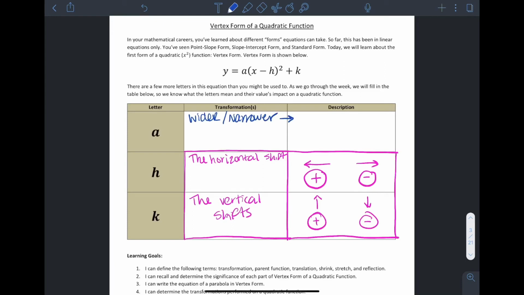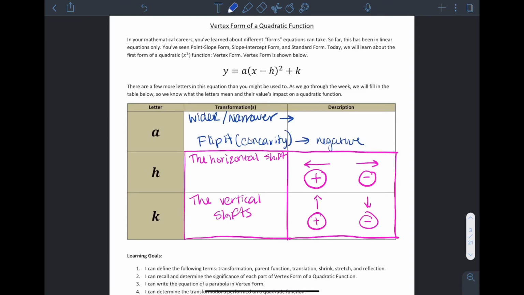Or it can flip it, changing the concavity from concave up to down. So the flipping happens with negative a values.